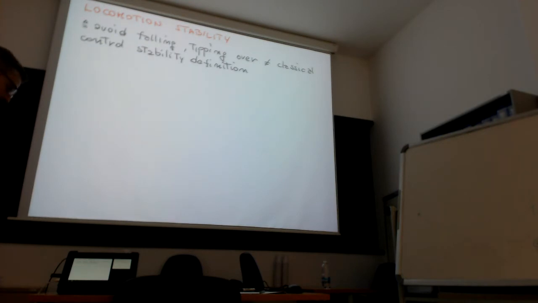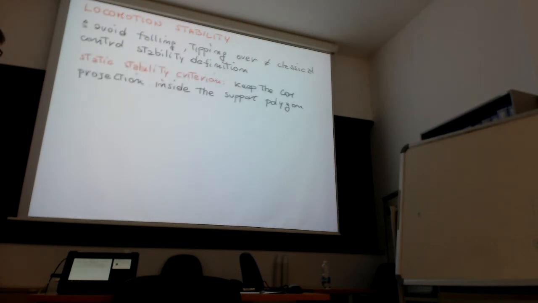Let me define locomotion stability, which is avoiding falling and tipping over, and is different from the classical definition of control stability. And in terms of locomotion stability, we can think about static stability as well.